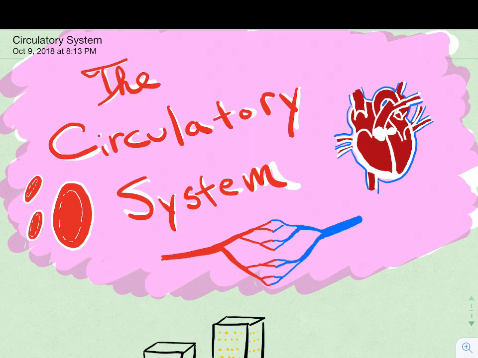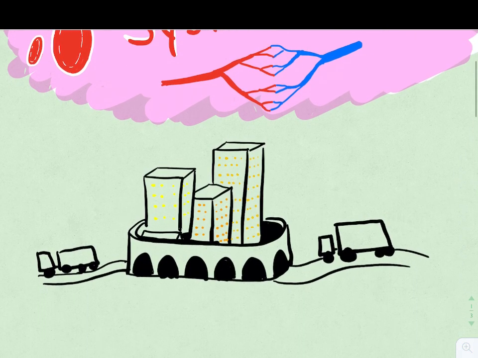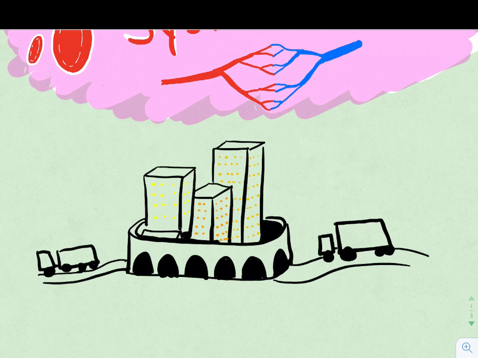What I would like you to do is picture a city. Specifically, picture a city that has a big wall around it. If you just left that city alone and didn't allow anybody in or out, eventually that city would probably destroy itself. Either the people would starve, or there would be no energy coming into the city to power anything, or there would be no waste being brought out.